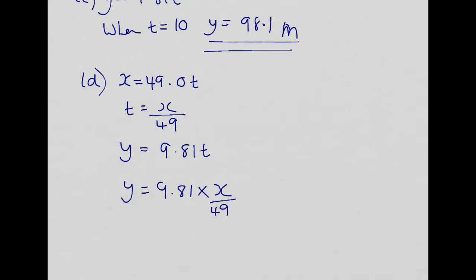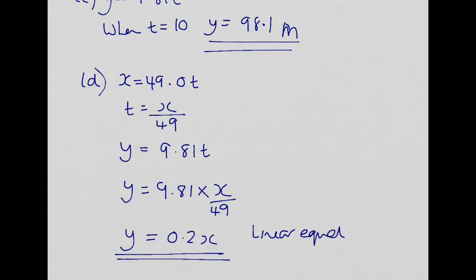And if I put that all together, my answer would be y equals 0.2x. That's my Cartesian equation. And this is a linear equation. Linear meaning it's a straight line. Remember, quadratic would have an x squared in. So this is a linear equation.